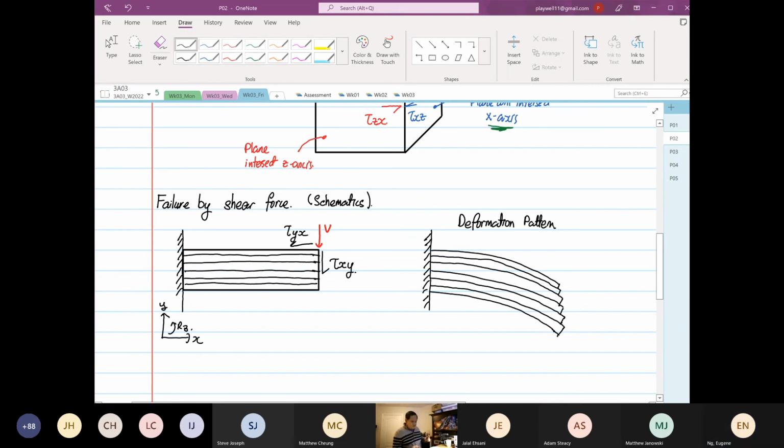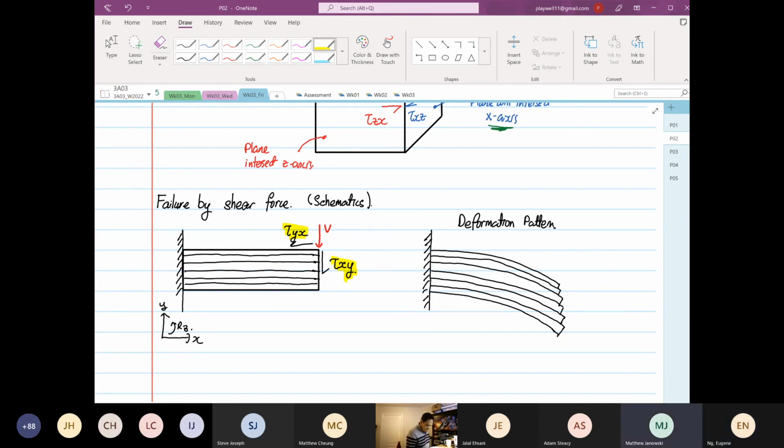Now the question to all of you is this: which component will generate the failure? Shear XY or shear YX? I've drawn for you the deformation pattern. Can you all make a guess which one will induce the failure?